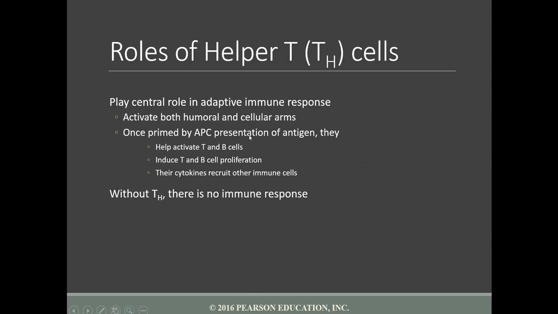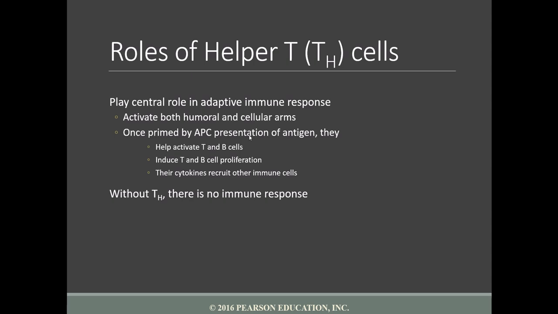So let's look at the three populations of effector cells. The first of which we're going to look at are the helper cells. These are incredibly vital to the functioning of your immune system, because they play roles in both humoral and cellular immunity. They can activate T cells and B cells.